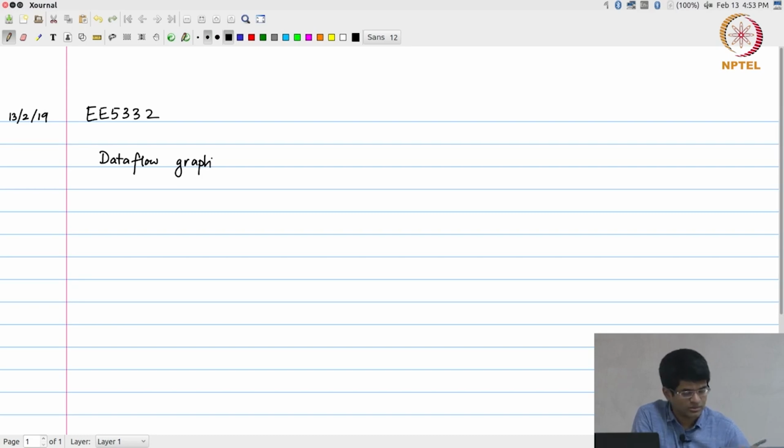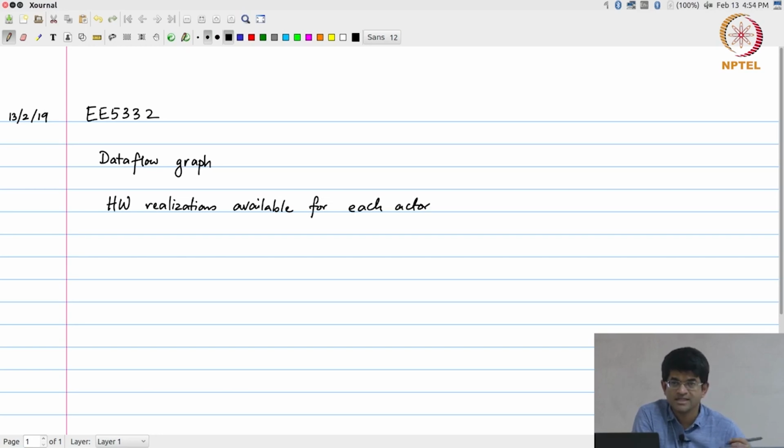And for every node or every actor in the data flow graph, we have access to some kind of hardware. Some hardware is available for each and every actor present in the data flow graph.